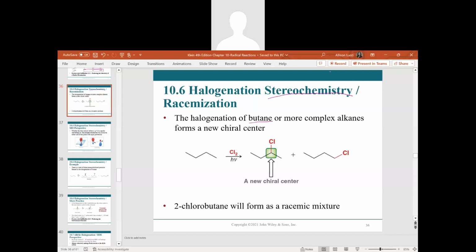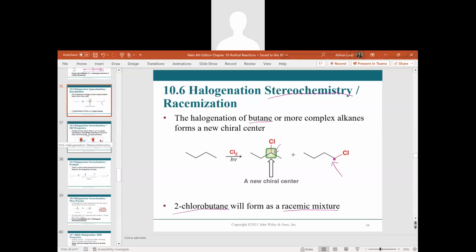So when we have butane here, the primary site would not produce a chiral center if chlorination occurred here, but at a secondary site, notice we're going to have 4 different groups on that carbon. So 2-chlorobutane will form as a racemic mixture.